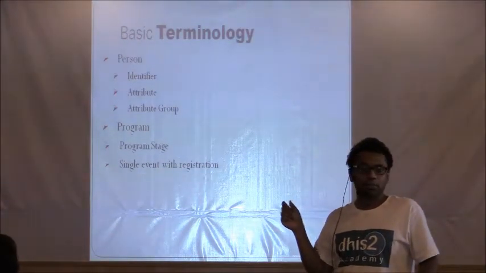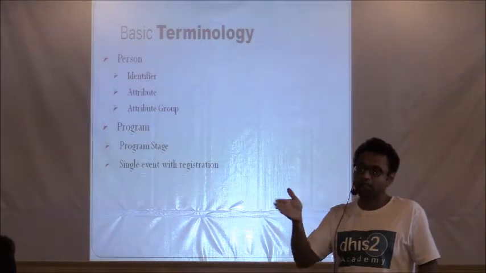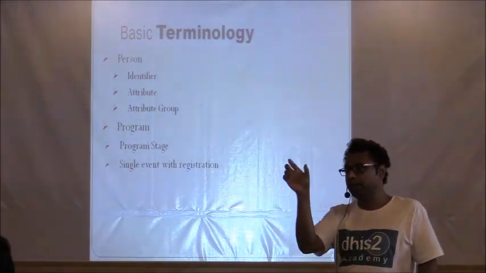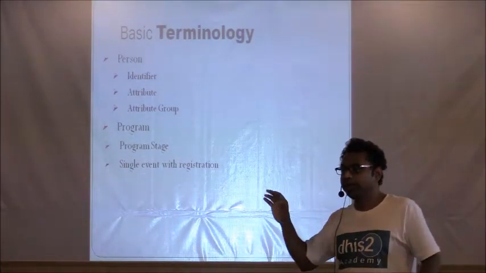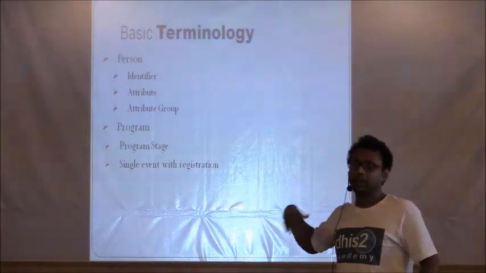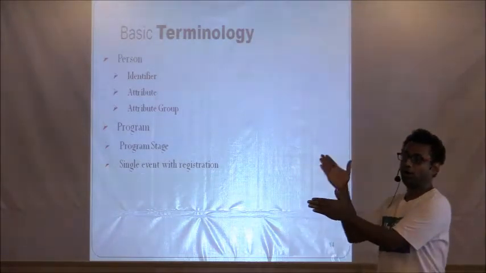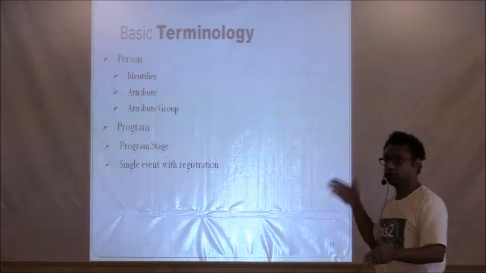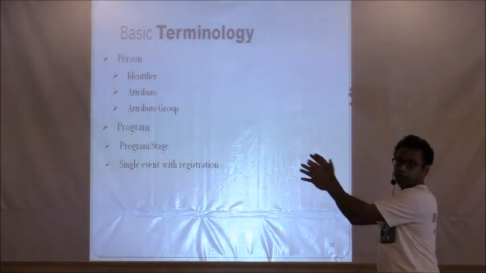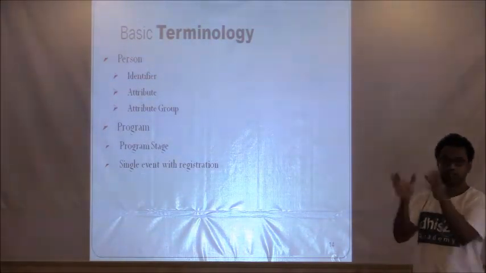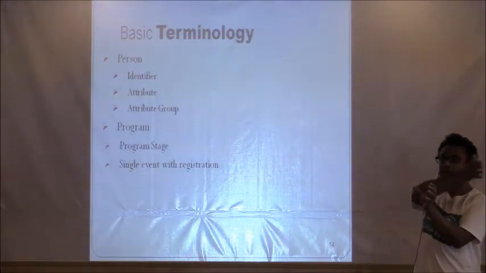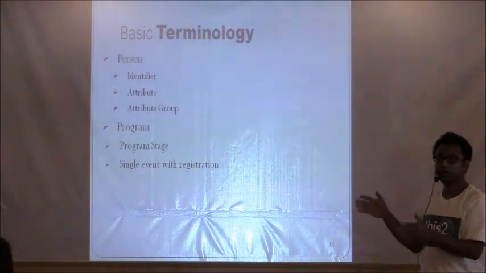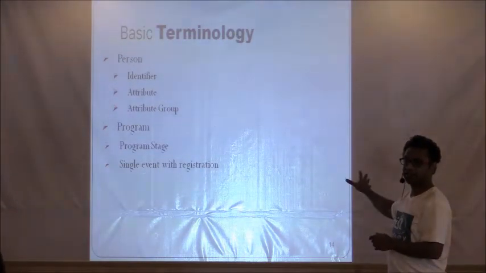Weight, for example of a baby: if you want to track the baby's weight for 5 years, then don't put weight in the person attribute. Weight is a data element, so that you can use it for monitoring. Weight of this particular person last year was so much, this year was so much, you can do that. But with a person attribute you can't. A person attribute you can update, but there won't be any audit trail. Anything you want to track or monitor is always on the data element side.